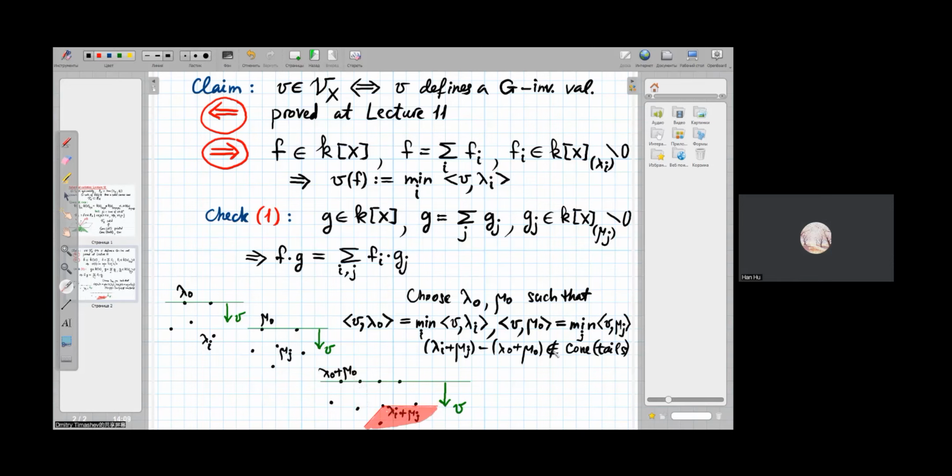So since this cone is pointed, the condition that the difference belongs to this cone induces a partial order on weights. And we take just a minimal element in this finite set for this partial order.